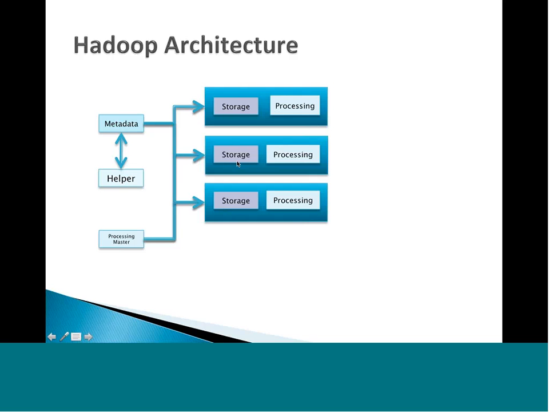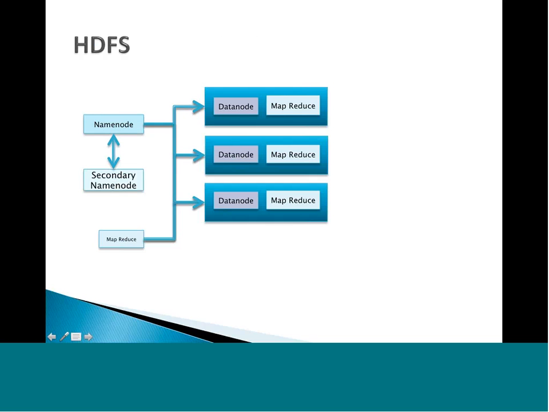So it's a master-slave architecture, and you will understand more about these components after we start setting up the cluster. For storage, we will use HDFS, and there will be masters for HDFS as well. Similarly, the slave term is called data node. You need not understand these things at this time, but we will discuss them in detail later.